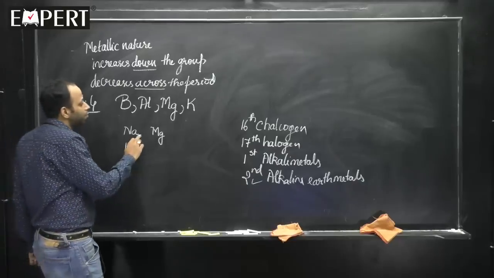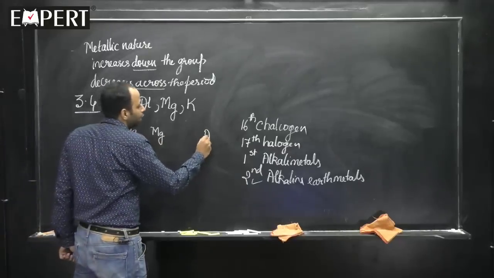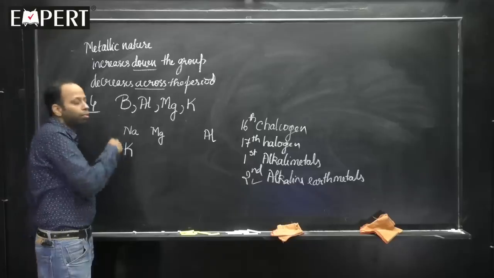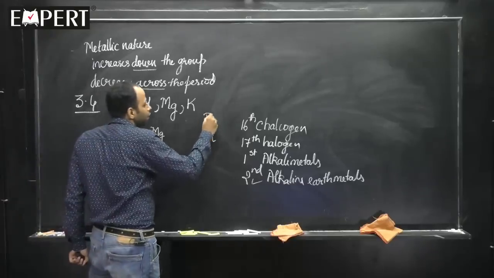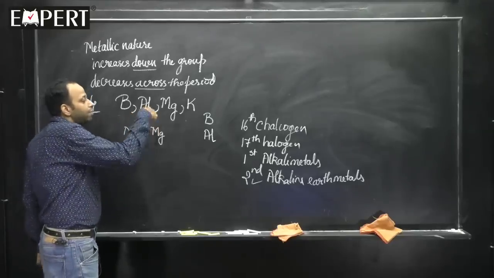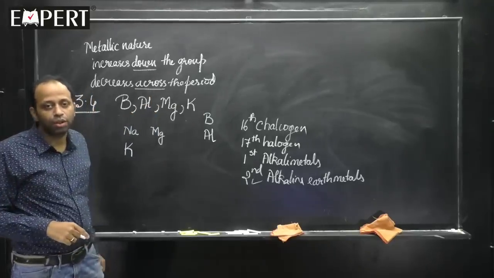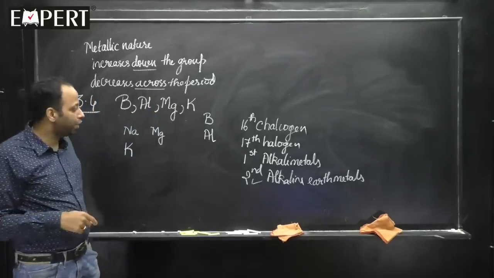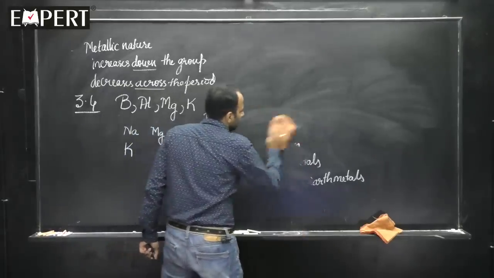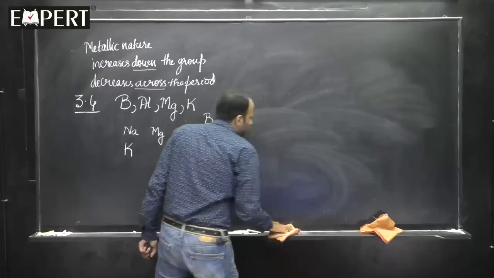You have sodium, magnesium followed by aluminium. Okay. Then you have boron. Boron comes above aluminium. Okay. Because it is what? Lithium, beryllium, then boron. So this is how you can remember. Or if you have the periodic table in front of you, not a problem, you can cross check what I have written here with the periodic table.